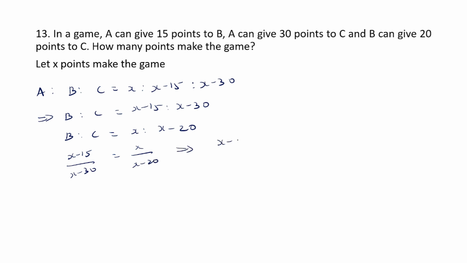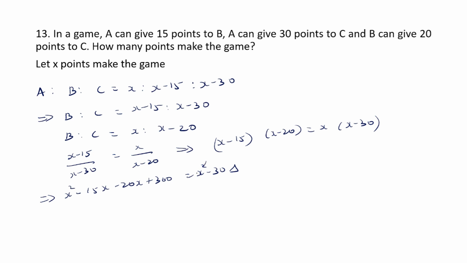Let us cross multiply. x minus 15 into x minus 20 equal to x into x minus 30, or x square minus 15x minus 20x plus 300 equal to x square minus 30x. So this is minus 15x minus 20x, which is minus 35x, which goes to the other side and becomes plus 35x.